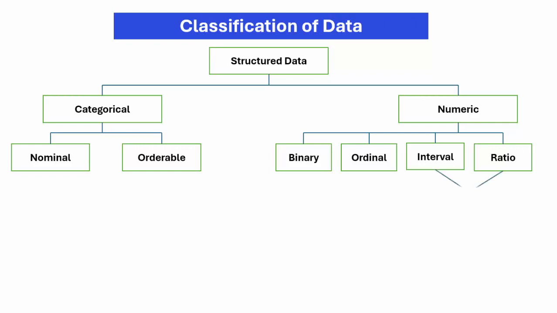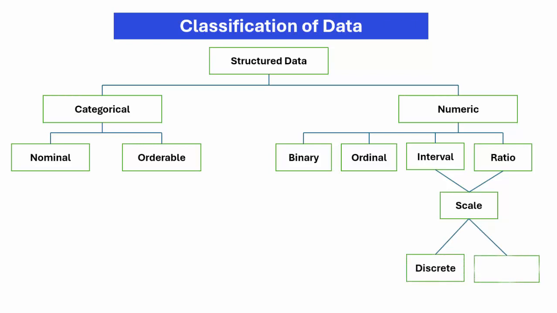And these two are scale, others are data. Ordinal is not a scale. Okay, it is a data. Binary is a data. So interval and ratio are the only scale, and this again we classify in two parts, discrete and continuous. I will explain later about the discrete and continuous.